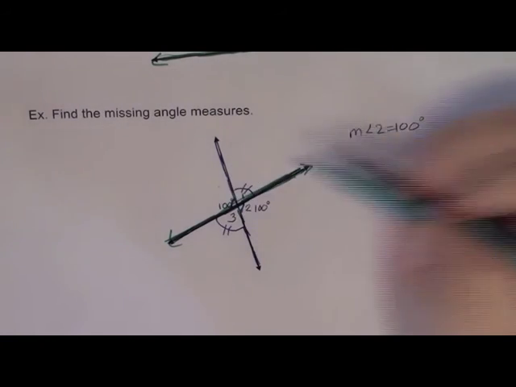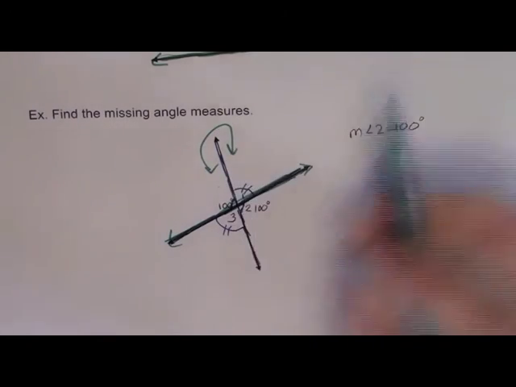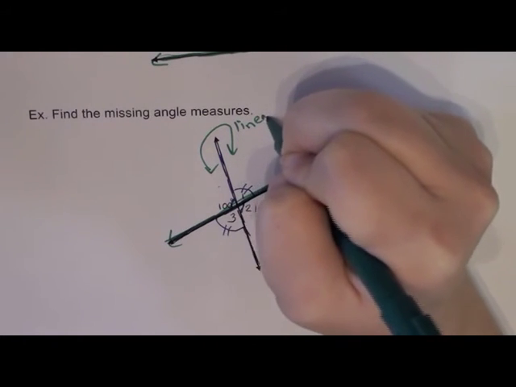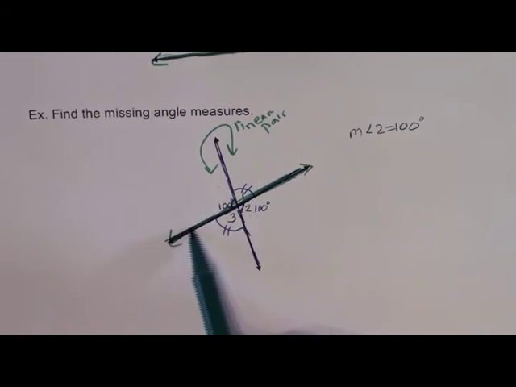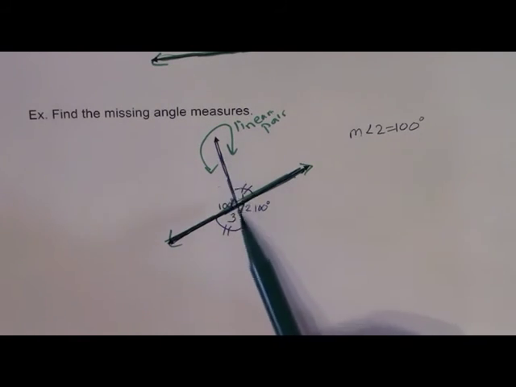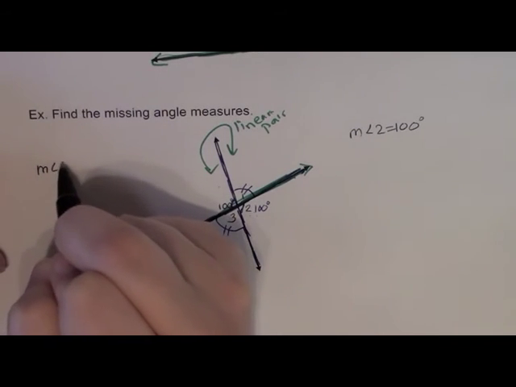And up here, these two angles, the 100 and angle 1, are a linear pair. Together, they make the straight line, and they share a side. So that means that the measure of angle 1 plus the 100 degrees has to equal 180.